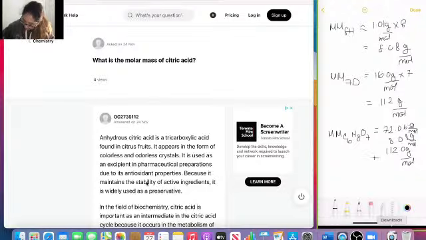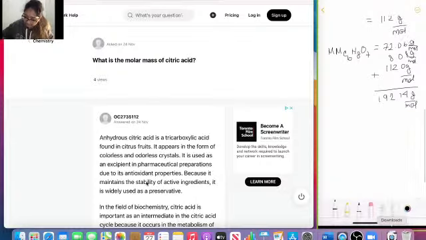You add all this together, and you should get around 192.14 grams per mole.